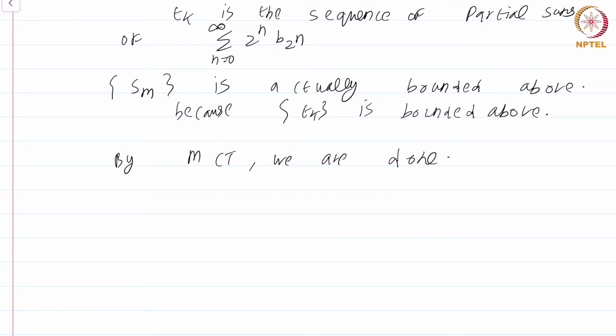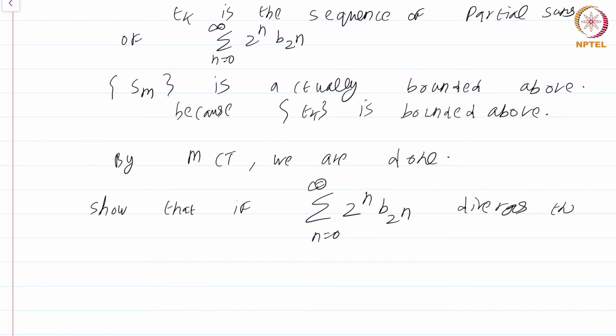Show that if summation 2 power n b 2 power n, n equals 0 to infinity, diverges, then so does summation n equals 1 to infinity bn. This is exactly similar to the proof that summation 1 by n diverges.